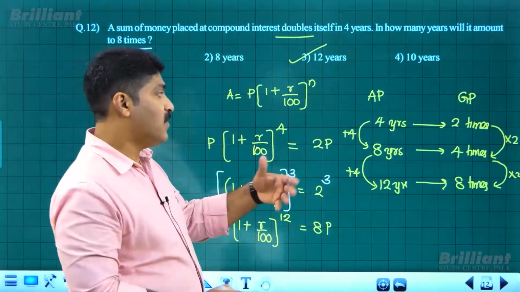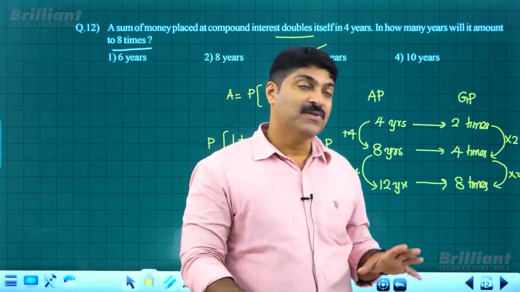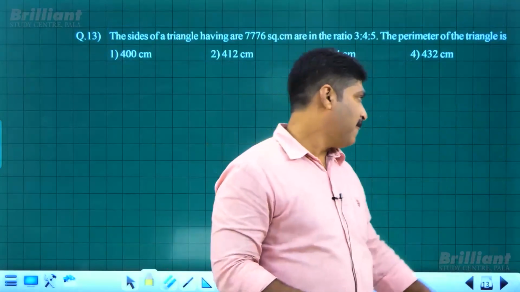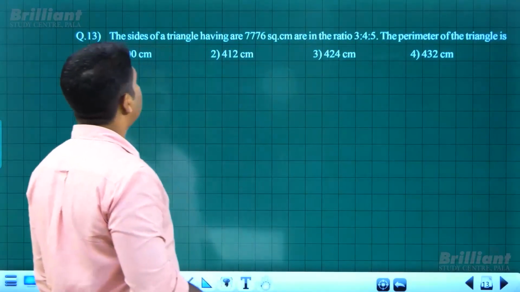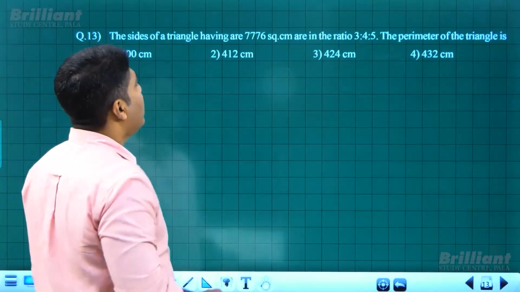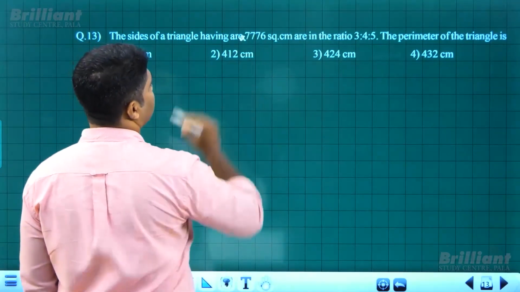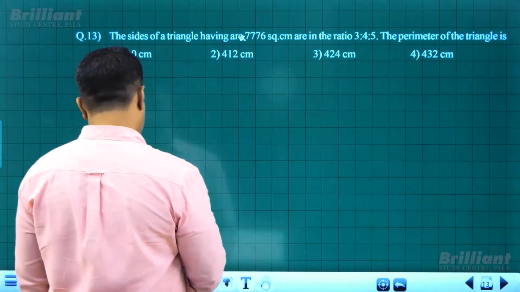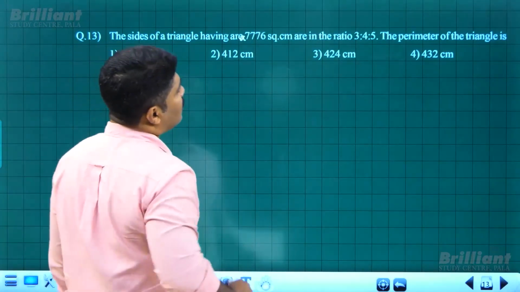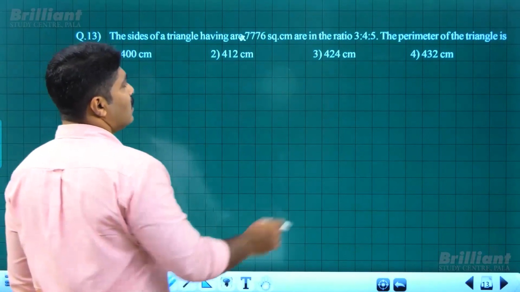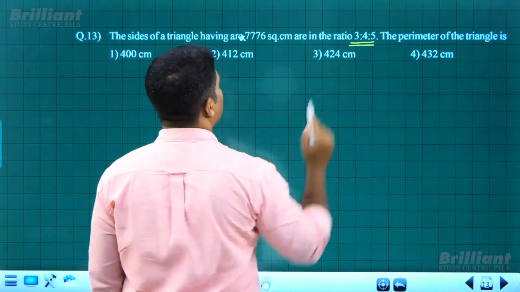For this type of question, we can answer easily or instantly with the help of this kind of pattern. The next question: the sides of a triangle having area 7776 square centimeters are in the ratio 3:4:5. Find the perimeter of the triangle. So what is the speciality of this triangle?